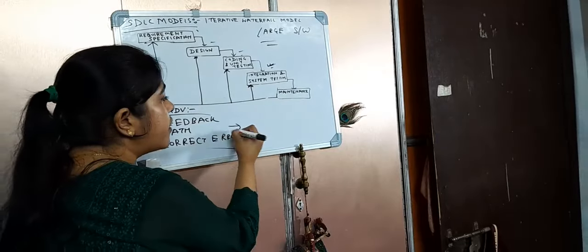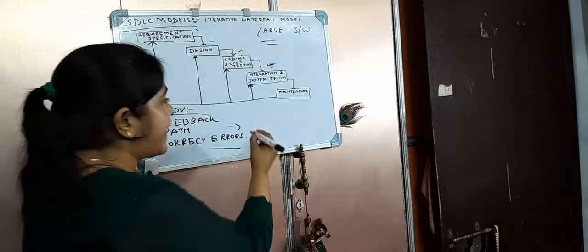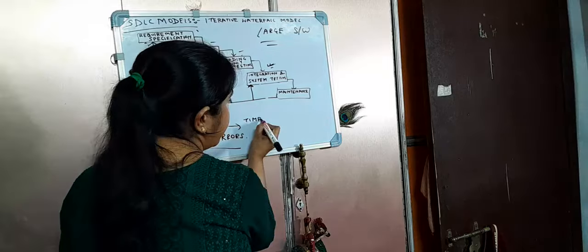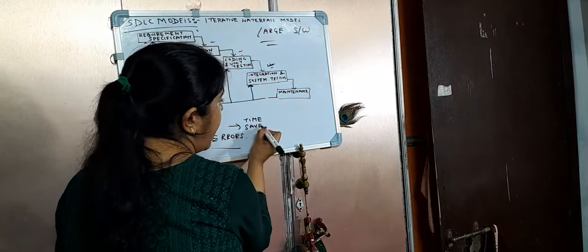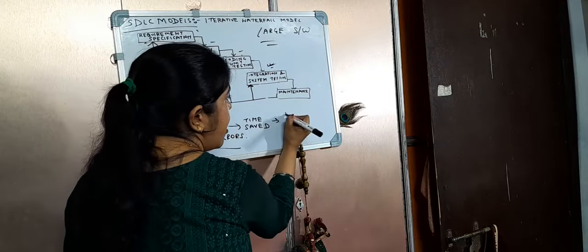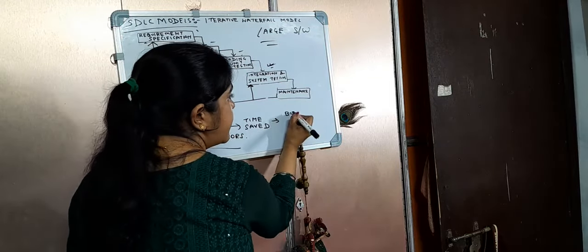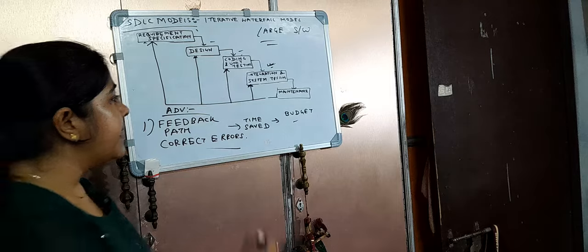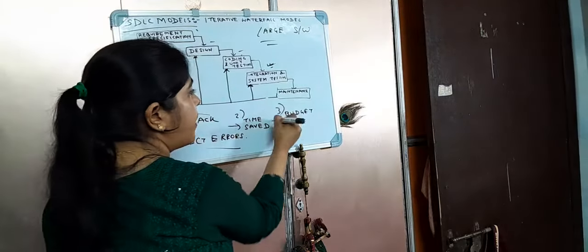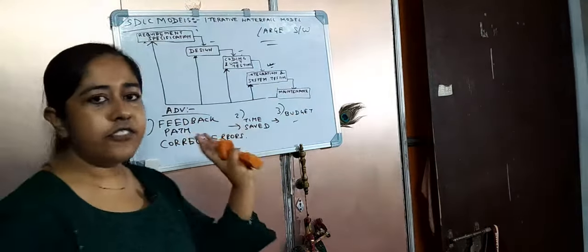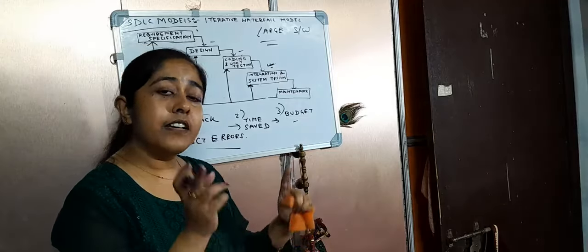If you can correct your errors, then your time will be saved. You don't have to restart again, and second, your budget will be saved. So these three are the advantages of the iterative waterfall model, which is better than the classical waterfall model.